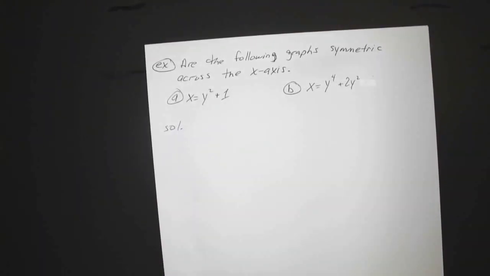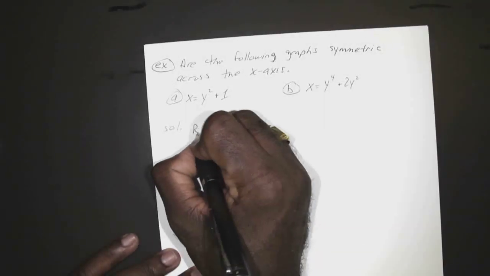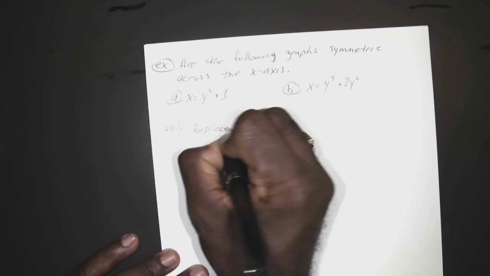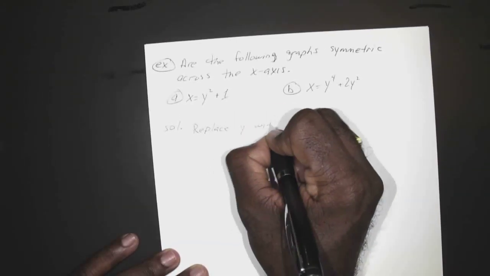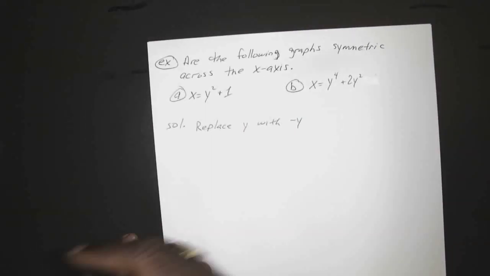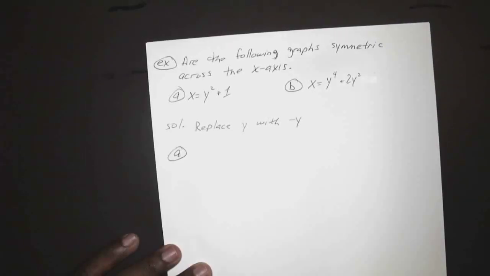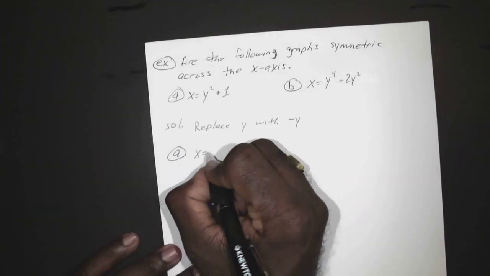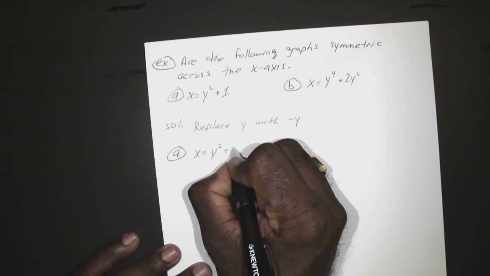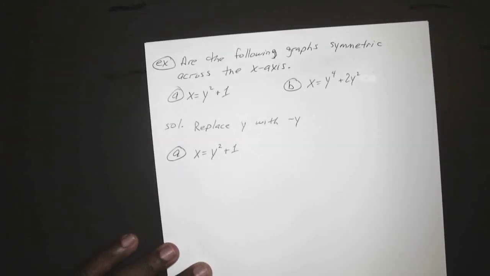Okay. So if we want to check to see if it's symmetrical across the x-axis, we just have to replace y with negative y. So for problem A, you have x equals y squared plus 1.